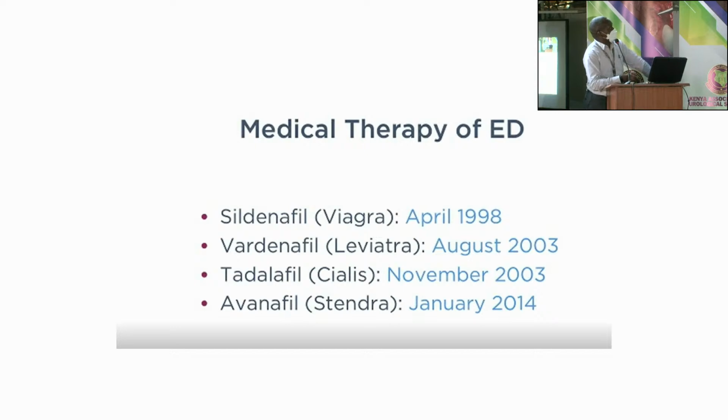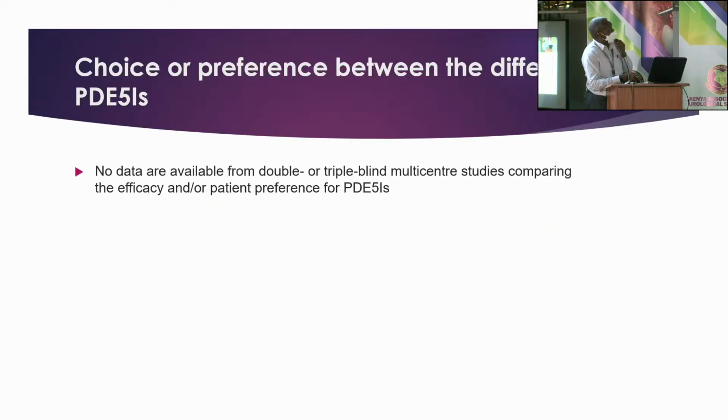Over the years, other drugs have come into play, and all these drugs are in the market. But there is no data available from double-blind or triple-blind multi-center studies comparing the efficacy or the patient preference for the PDE5 inhibitors.